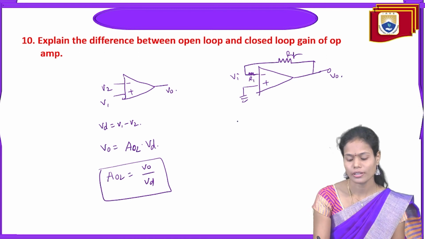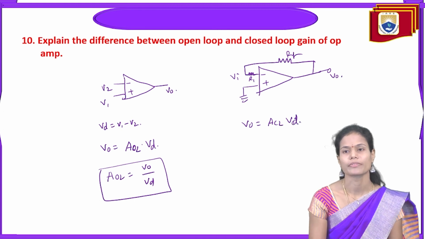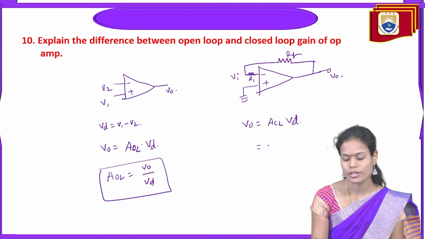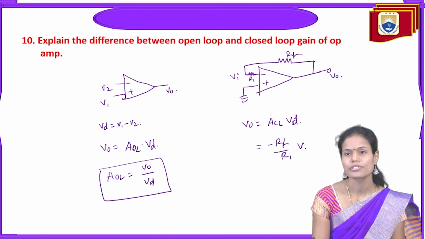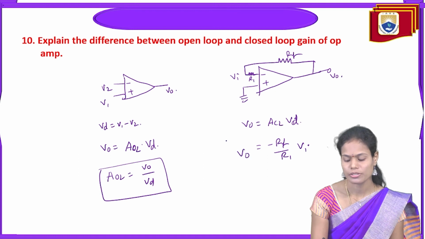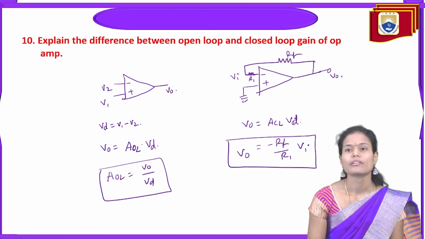In this particular case, the output voltage is ACL, the closed loop gain, times the input voltage or the differential voltage. So we will get this value as minus RF by R1 times the input voltage. So this is the closed loop gain.